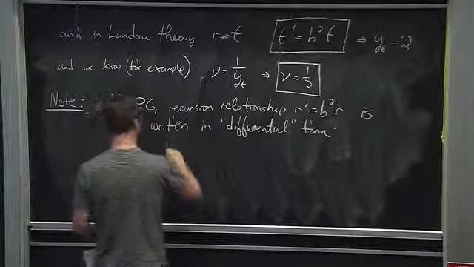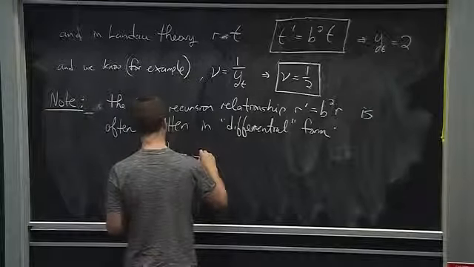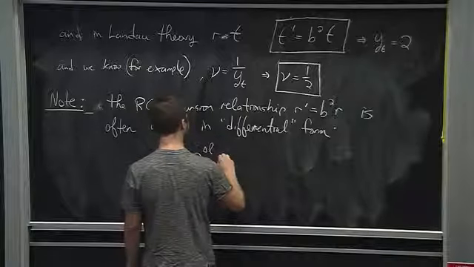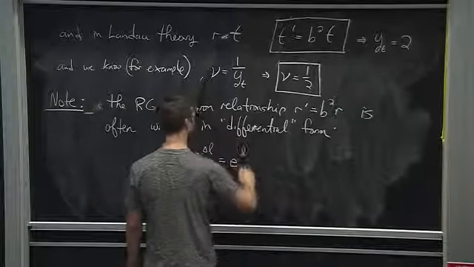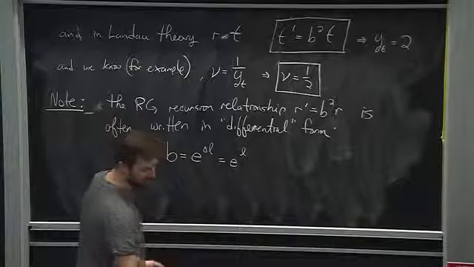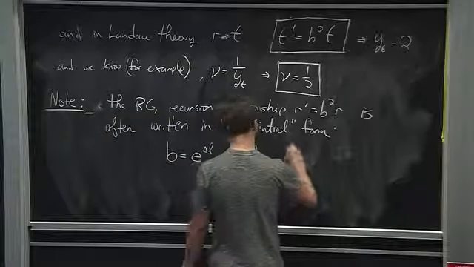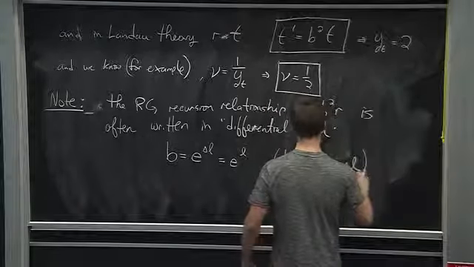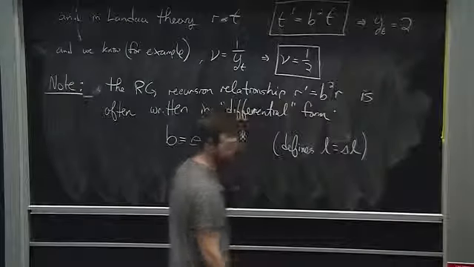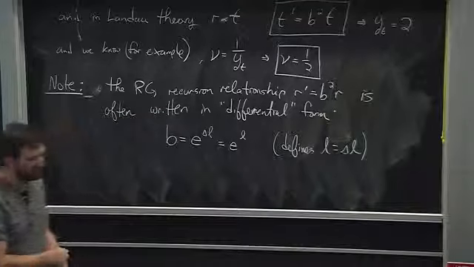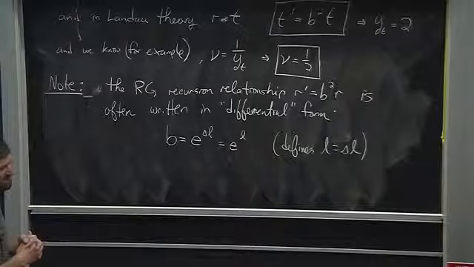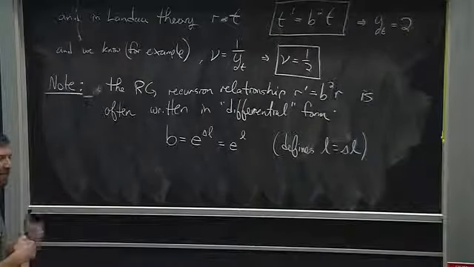So by defining b as, it's sometimes written as e to the delta L or just e to the L. That's just defining some L, or delta L. So delta L is somehow like you want to form a derivative in the RG step.